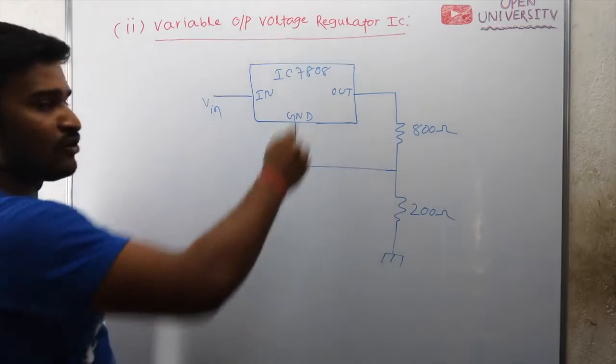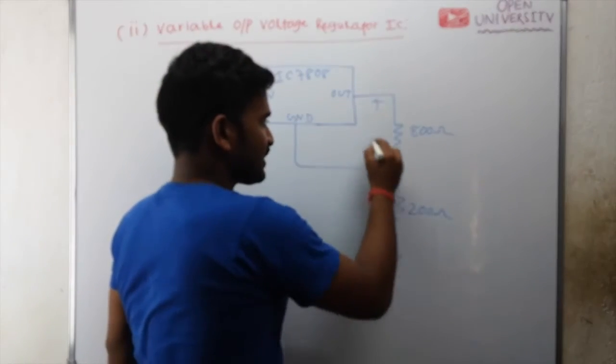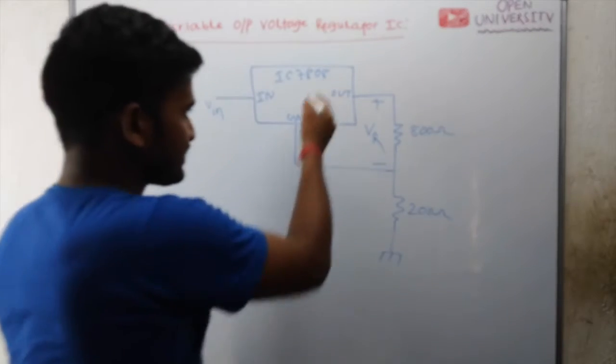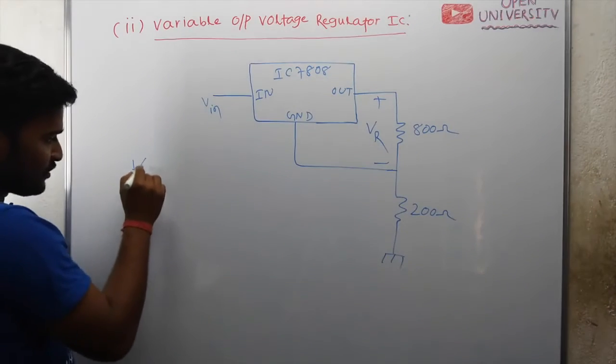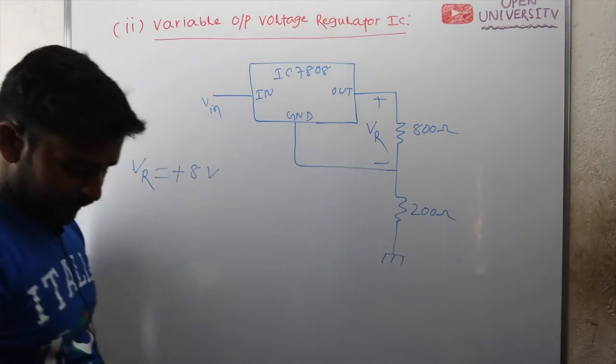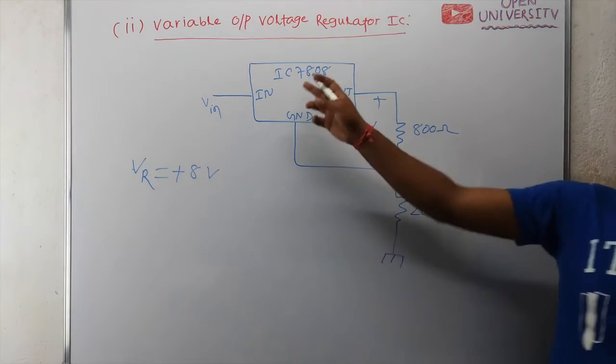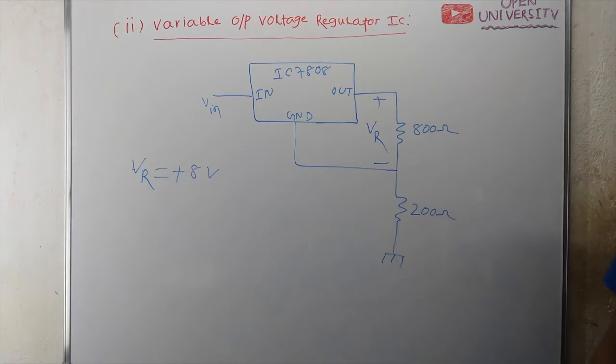It is mentioned the value of XX. So that means the regulated output voltage VR value is, since it is a 78XX IC, plus 8 volt. The output voltage is plus 8 volt since it is a 78XX IC.